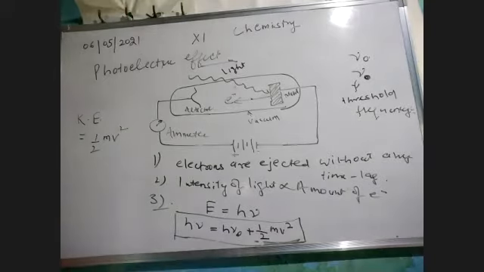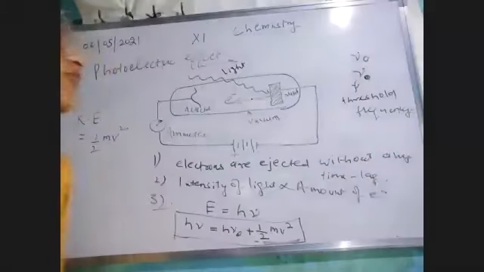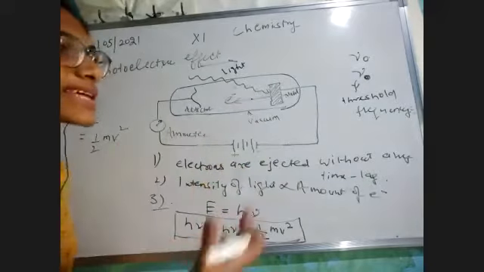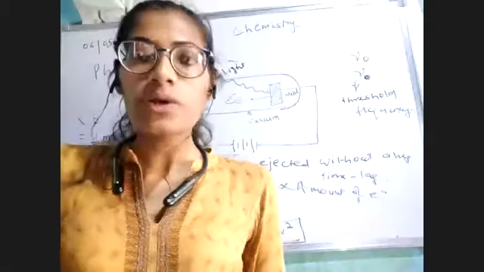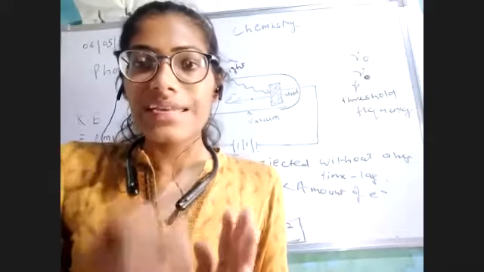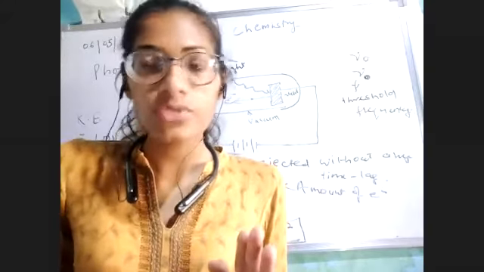Class, I think I didn't tell you about photons, what photons actually are. Photons means whenever light strikes, the electrons are ejecting out, and I have told you that these electrons, whenever released, release energy in the form of packets of light, known as quanta or photons.